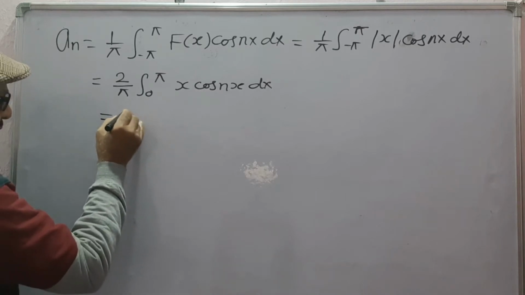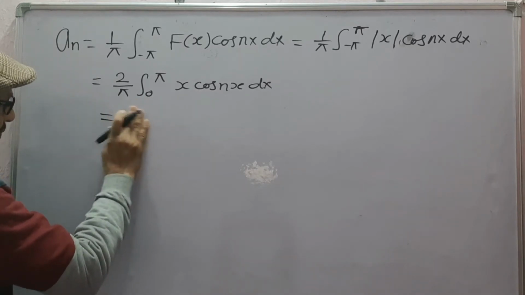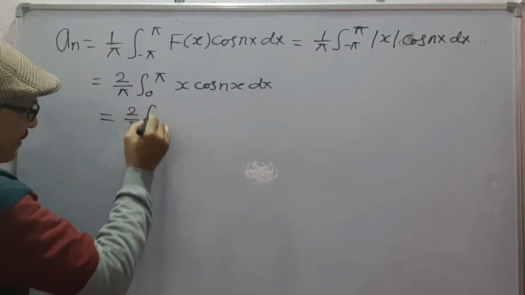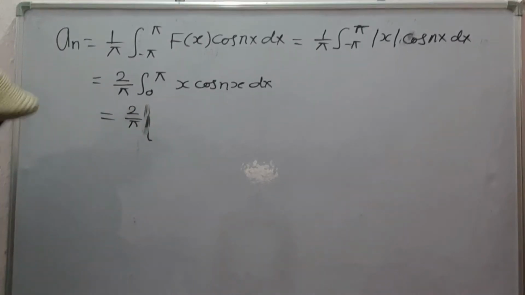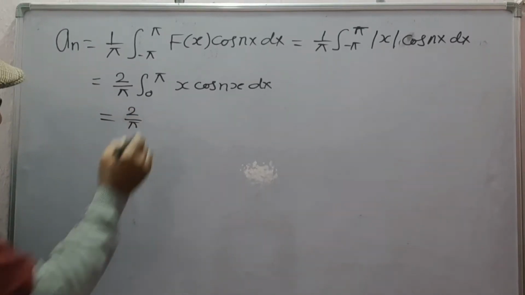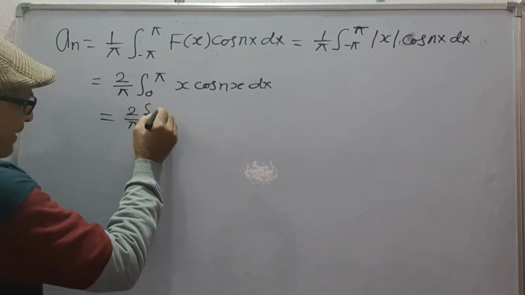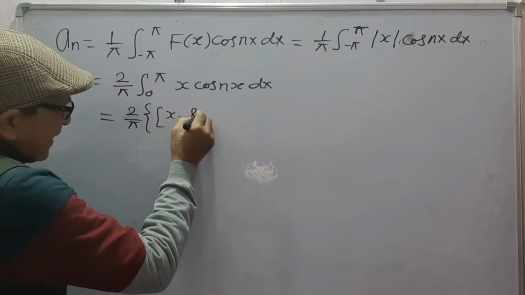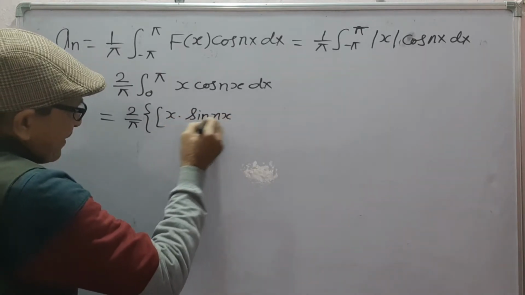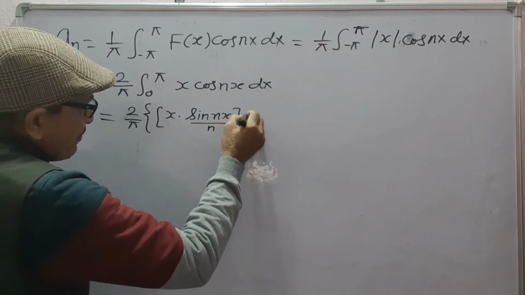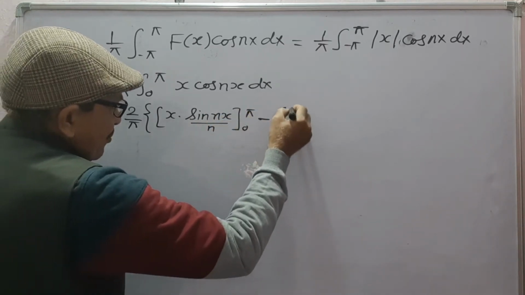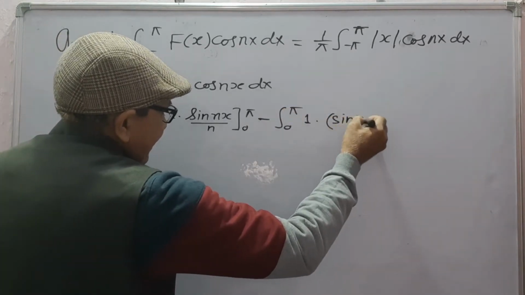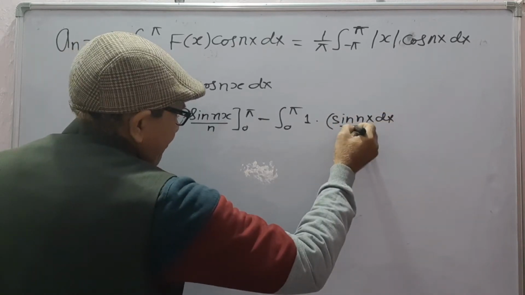We can integrate it by parts as 2/pi times [x sin nx/n from 0 to pi minus integral 0 to pi of 1 times sin nx dx/n].